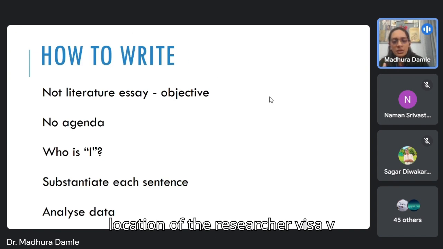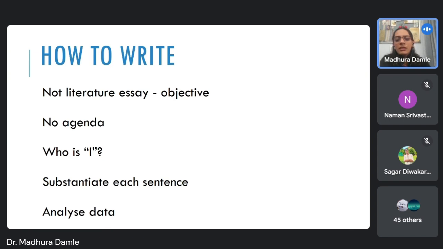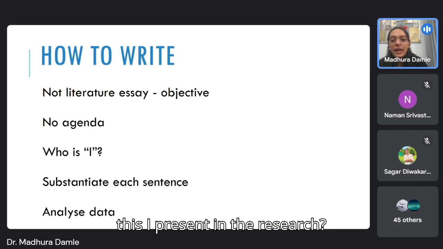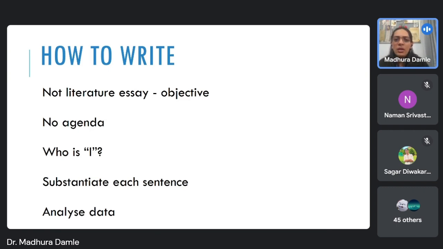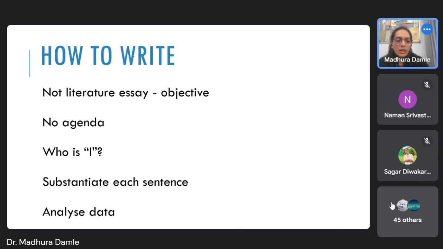The location of the researcher vis-a-vis the research population is important to take note of. That is, who is this I present in the research? I don't think I have time to explain that. Some more suggestions. Don't write any sentence which is not substantiated.